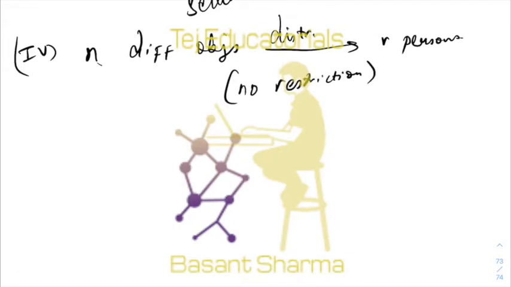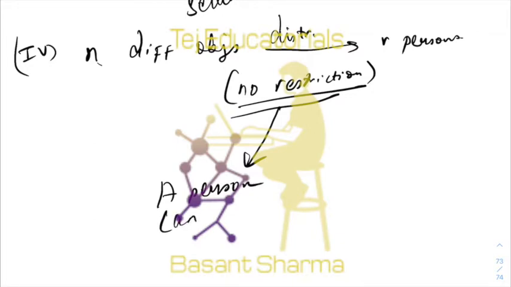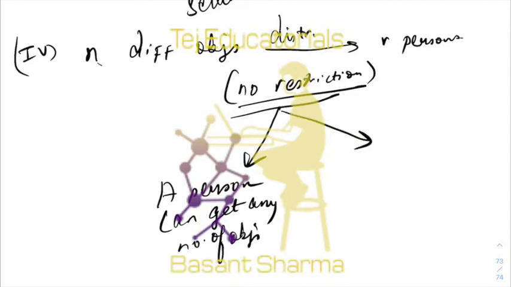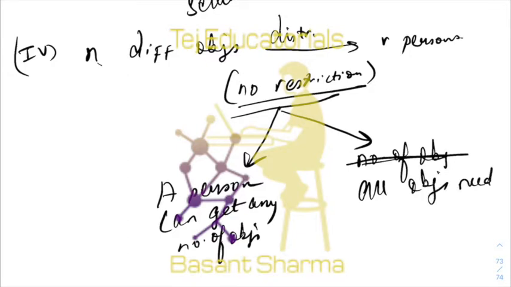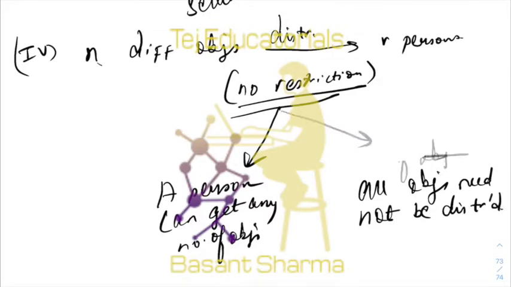No restriction means that a person can get any number of objects, and secondly, all objects need not be distributed.